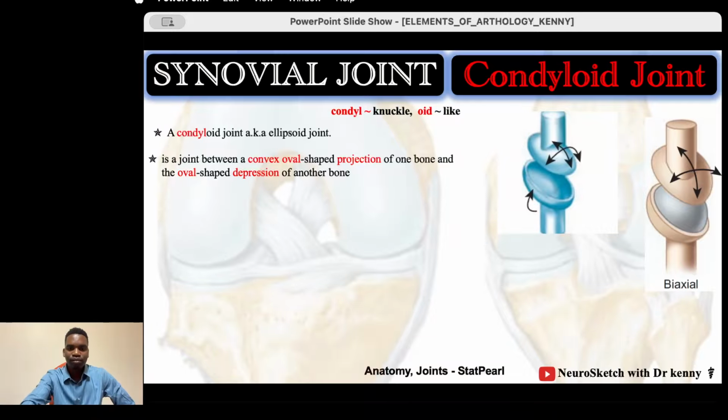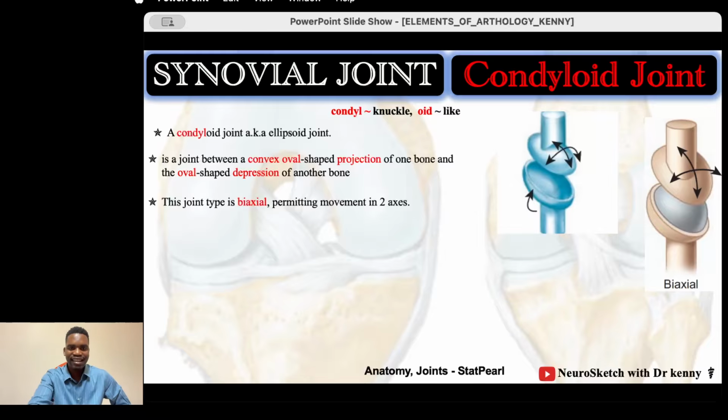So for example, you see this one is a convex edge, but an oval convex, and then we'll have the oval depression, the concave depression of the other bone, that makes this.